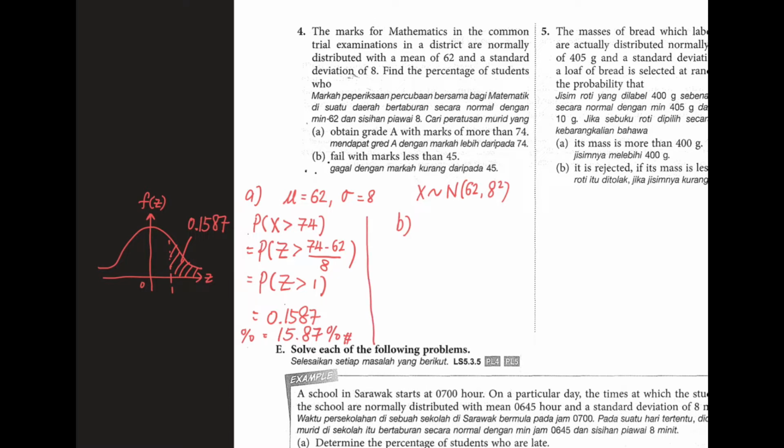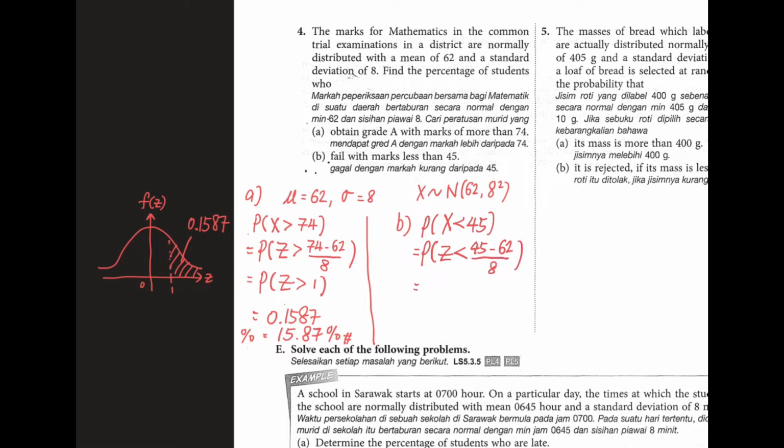Now we look at the next part, part B. Find the percentage of students who fail with marks less than 45. So fail, marks less than 45. We change it to z-score. The formula is X minus mean over standard deviation, which is 8.